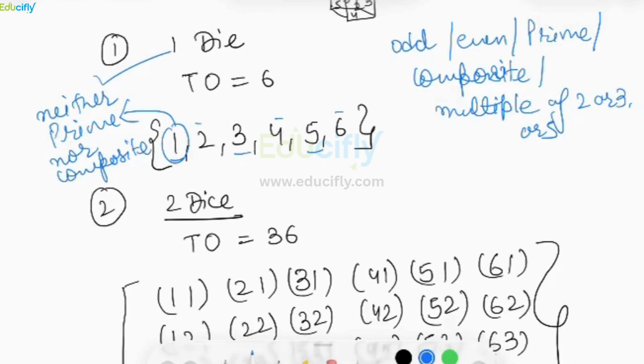So you need to remember all of these things. Prime numbers are those numbers which are divisible only by 1 and the number itself, right? Composite numbers have more than two factors. Okay. So these kinds of questions can come and you need to answer them accordingly, right?